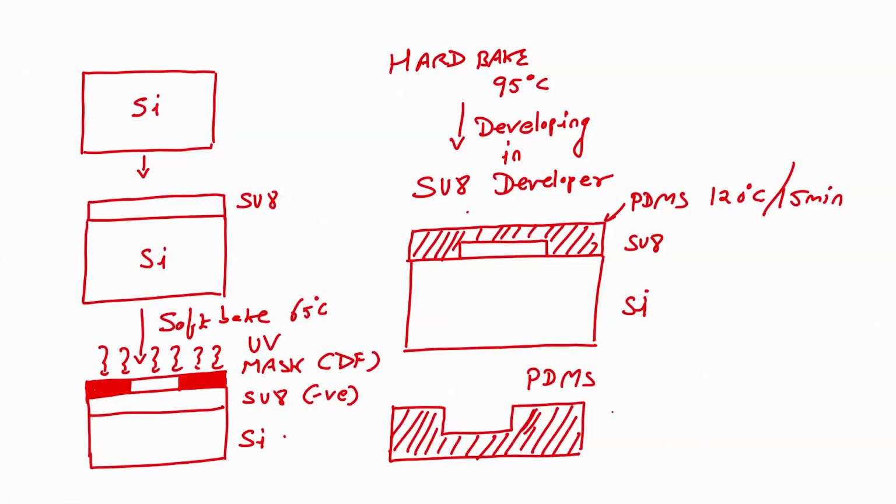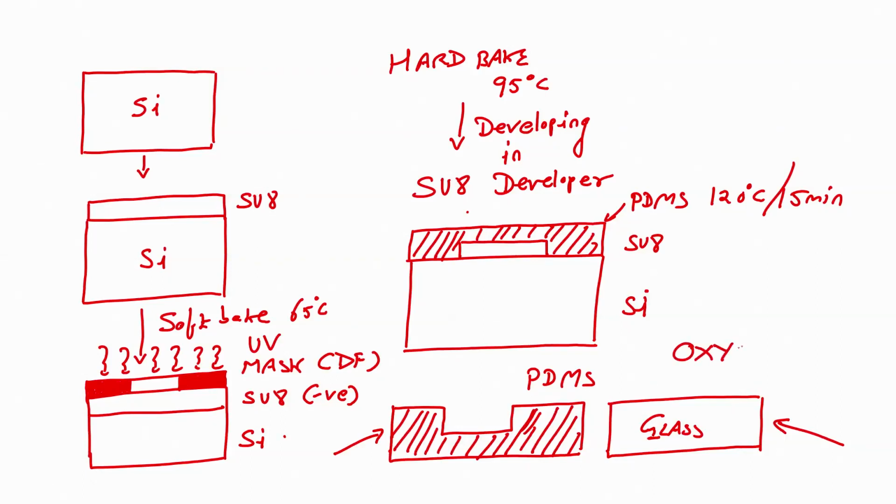Correct. Now, I take a glass, and with this PDMS and this glass, I will perform oxygen plasma, around 100 watts and about 10 millitorr pressure.